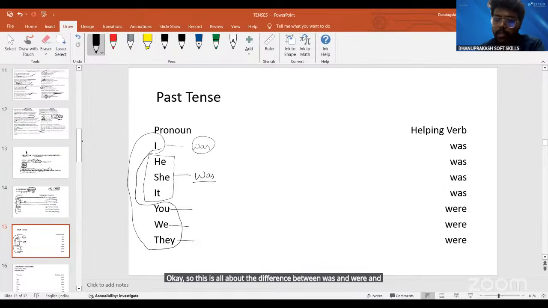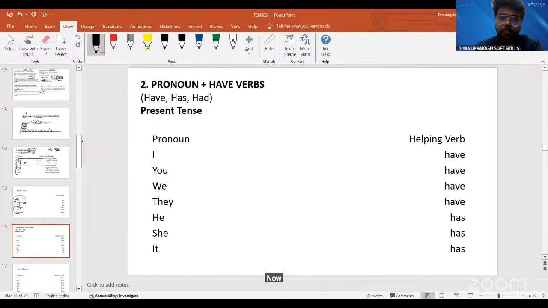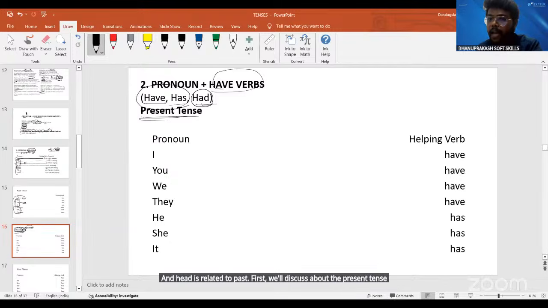Now let's move into have verbs, which is H related verbs. So we do have has, have, had. Has, have are related to present and even future. And had is related to past. First, we'll discuss the present tense, which is has, have.